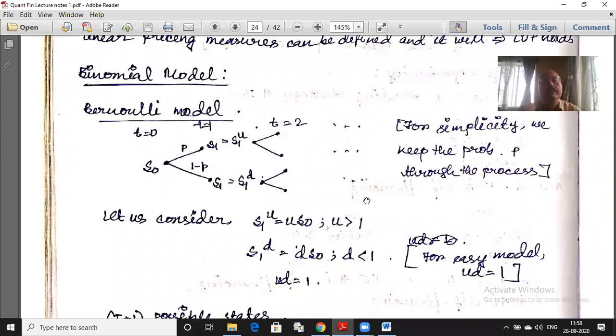But if I make it a recombining tree, then after t time points, there are only t plus 1 nodes. That makes the model very, very simple. Of course, it's again a simplifying assumption, no doubt. But if we do our calibration smartly, we can make this a reasonable model.